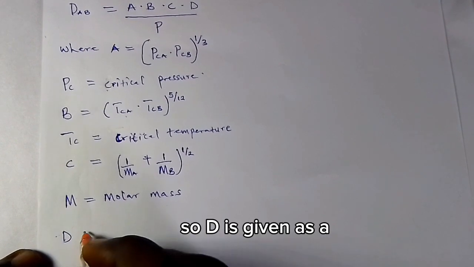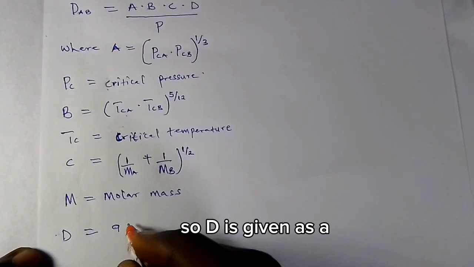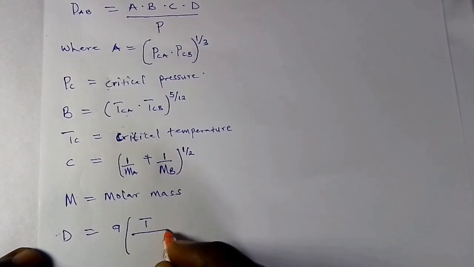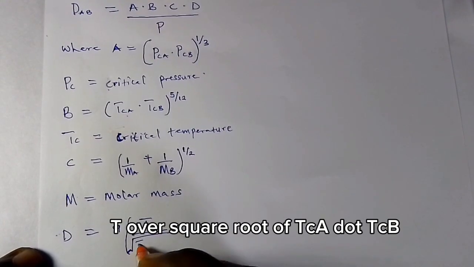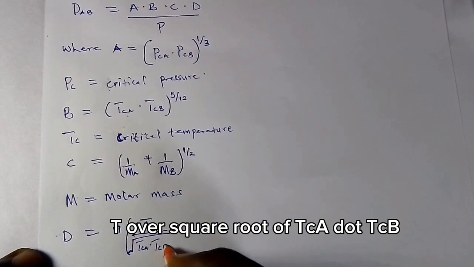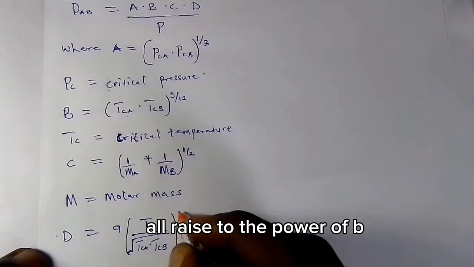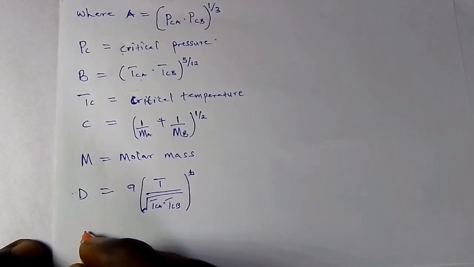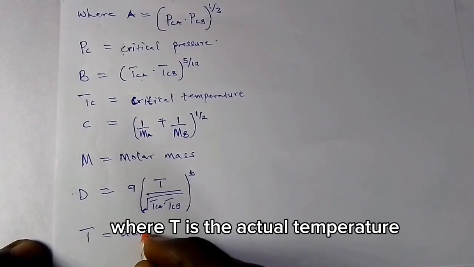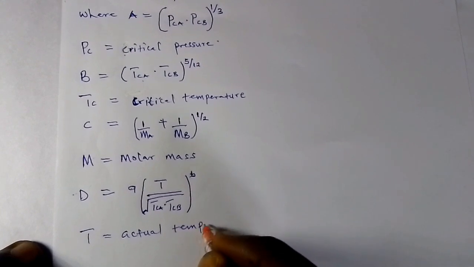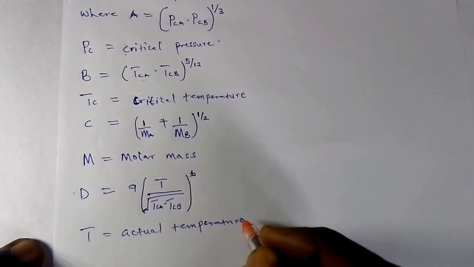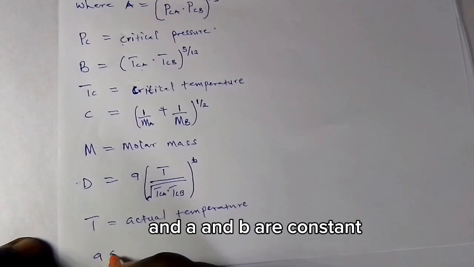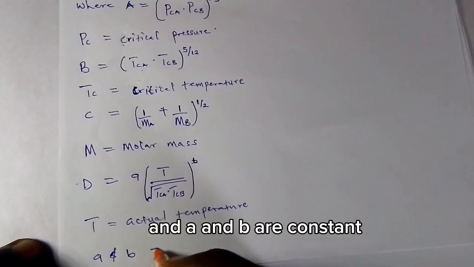So D is given as A times bracket T over square root of TCA dot TCB, all raised to the power of B, where T is the actual temperature from the question, and A and B are constants.